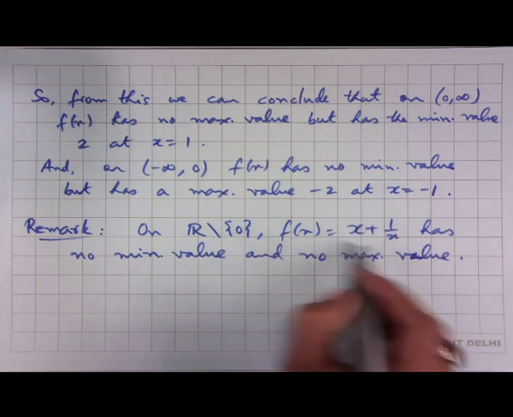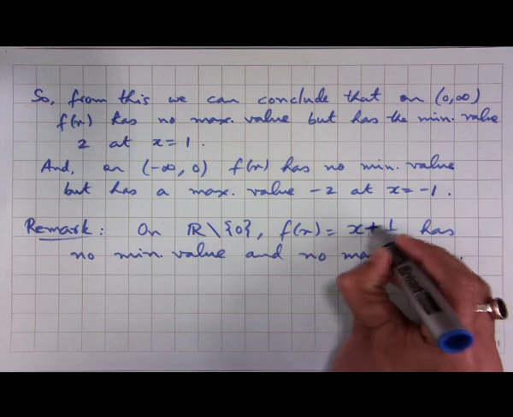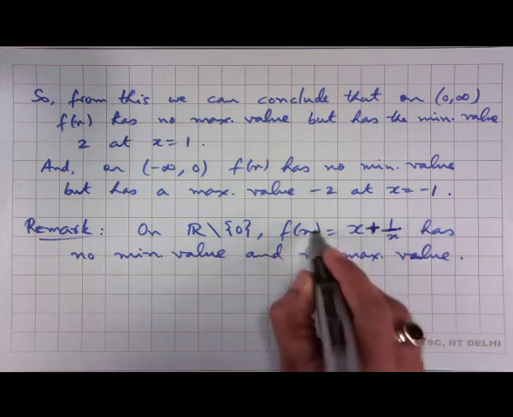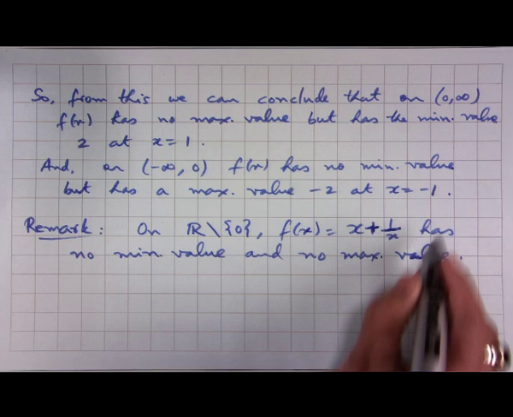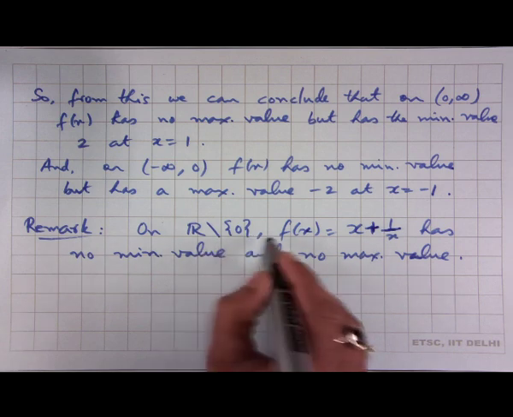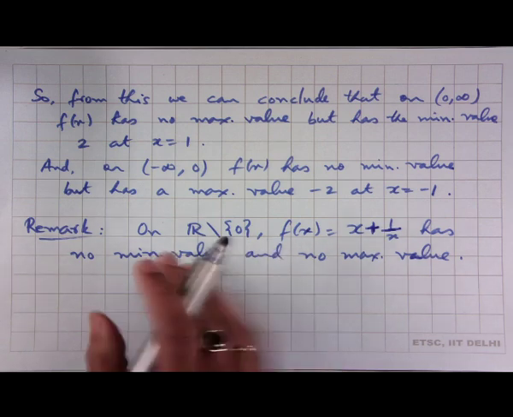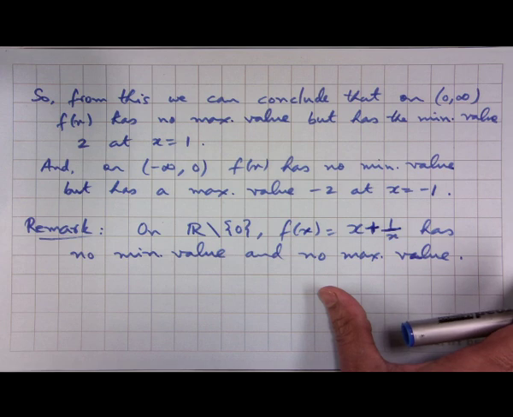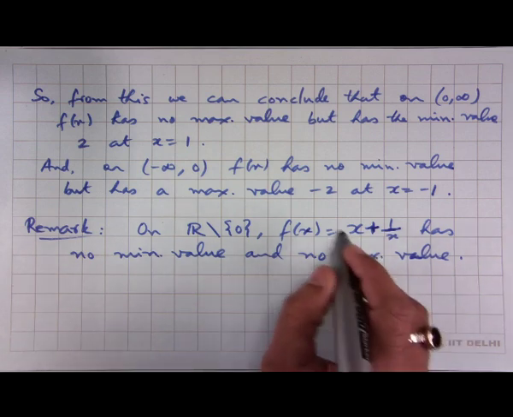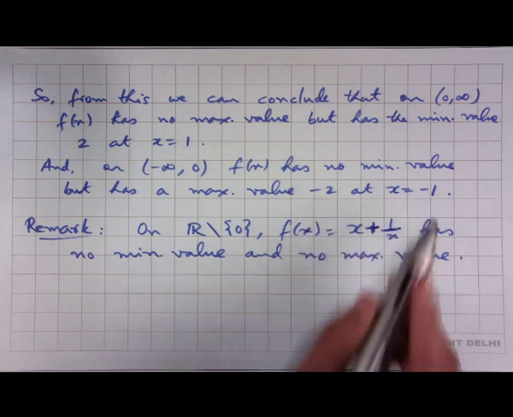Because the function tends to minus infinity as x goes to negative infinity, and it tends to plus infinity as x goes to plus infinity. So, it cannot have minimum or maximum value on the whole interval R minus 0, but if we take only on the positive real numbers, then it has minimum value 2 at x equal to 1, and on the negative real numbers it has maximum value minus 2 at x equal to minus 1.